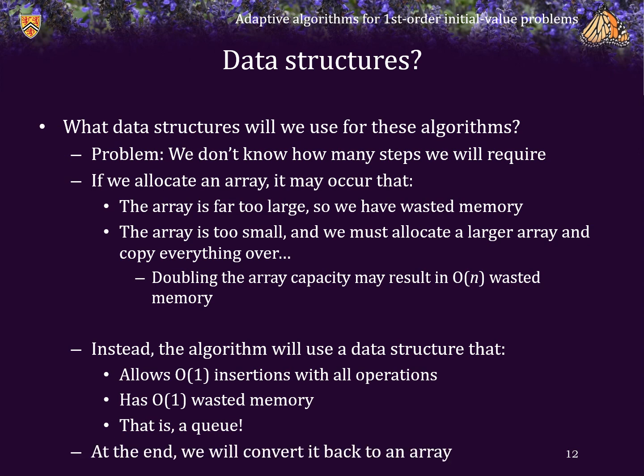So that's the last thing we will do. We will use a queue, and then we will convert it back into an array. Now, we're not going to be using a queue that dynamically allocates memory with every single step. Instead, we will be using a queue such as the one that is in the standard template library.